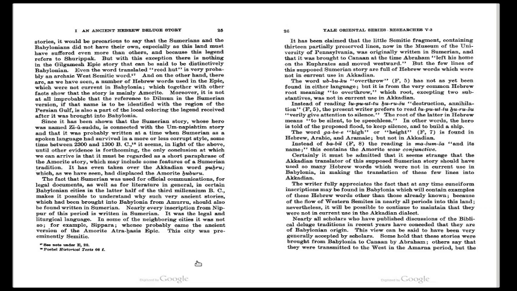Since it has been shown that the Sumerian story, whose hero was named Zeusuru, is connected with the Napishtim story, and that it was probably written at a time when Sumerian as a spoken language had survived in a more or less corrupt style, sometime between 2300 and 1300 BC, it seems, in light of the above, until other evidence is forthcoming, the only conclusion at which we can arrive is that it must be regarded as a short paraphrase of the Amorite story, which may include some features of a Sumerian tradition. It has even taken over the Akkadian word Puru, which, as we have seen, had displaced the Amorite Buru.